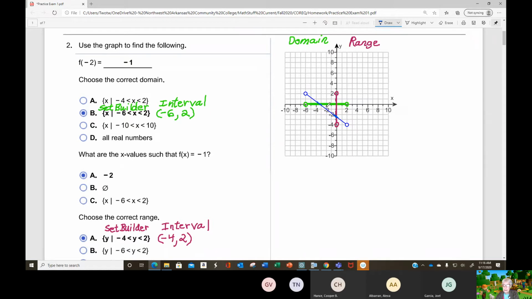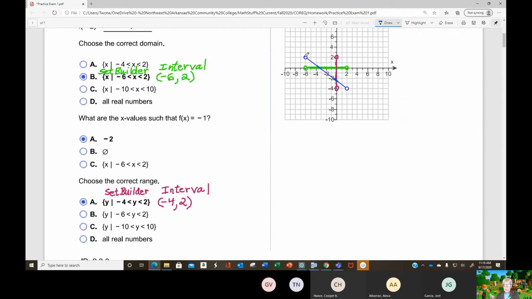And for that reason, the green line is the domain, and the kind of reddish purplish line is the range. And so the open lines means, well, if you come over here, look at the green line. It has an open circle at each end.